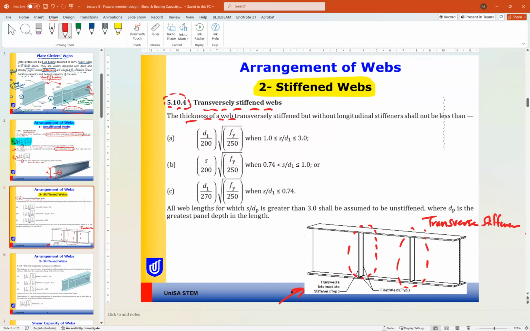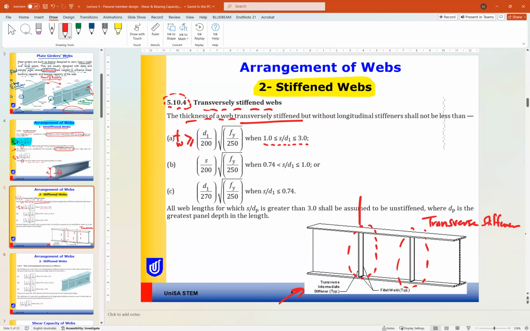the thickness of the web for transversely stiffened web should be TW more than D1 over 200 times root F yield over 250, when S over D1 is between 1 and 3. What is S?